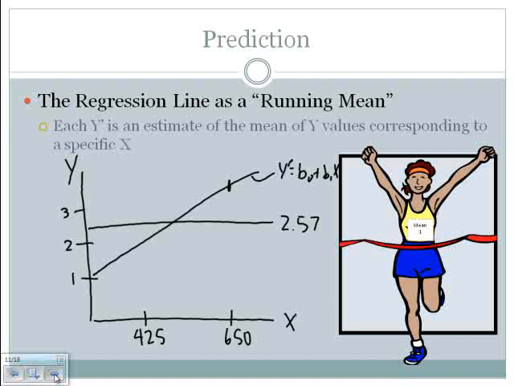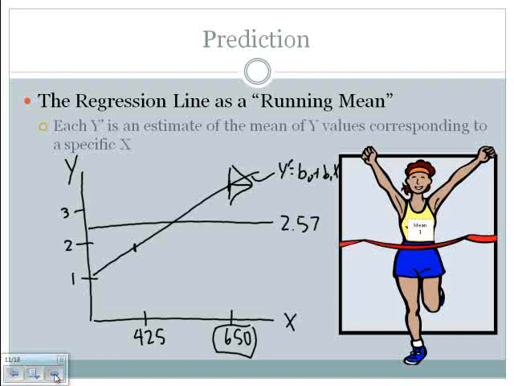It's a running mean because, this will be a little bit hard to draw, we're going to pretend this is a mean of a distribution of possible y scores at this x. For a SAT of 425, let's say that it is something like that. So it looks like it would predict a freshman GPA of, let's call that 1.8.